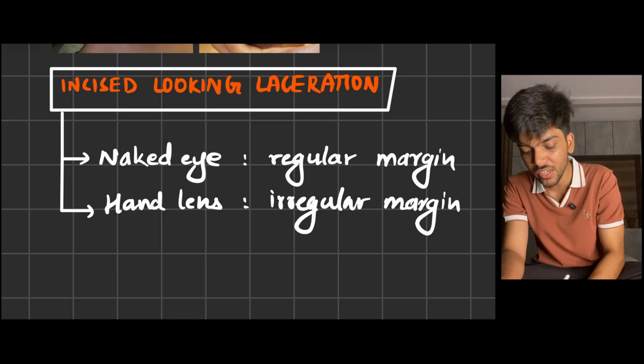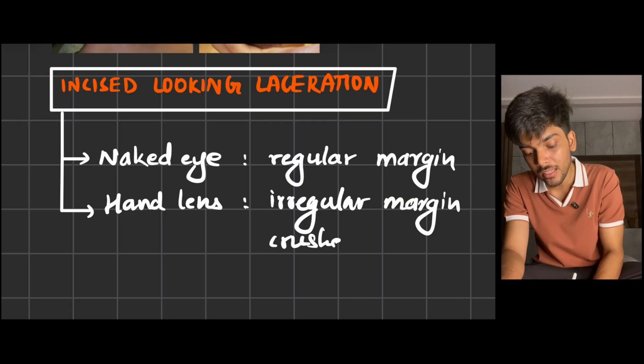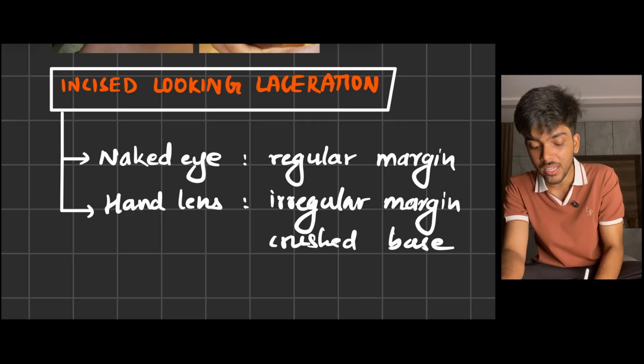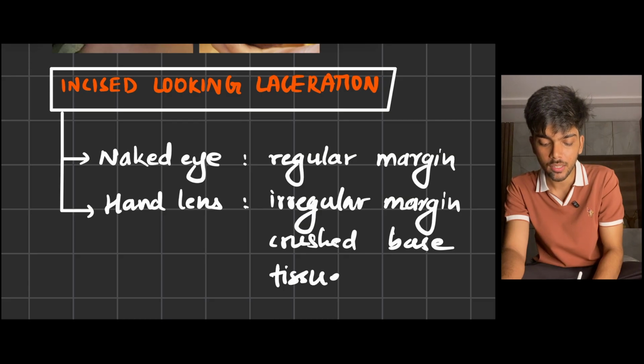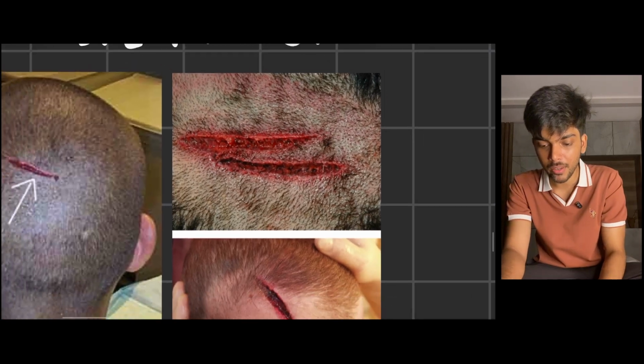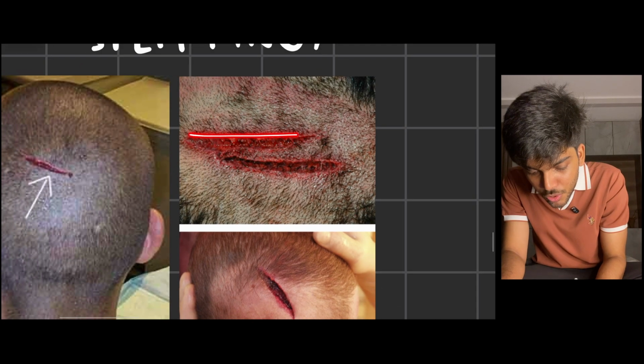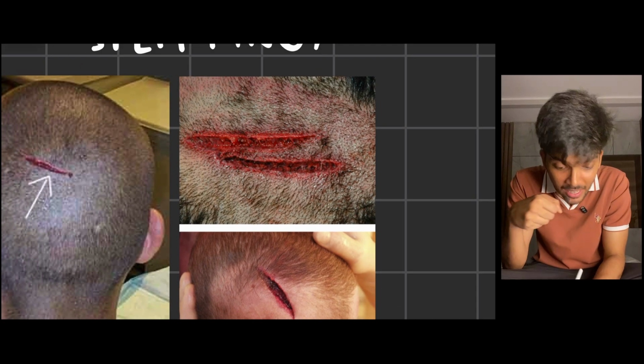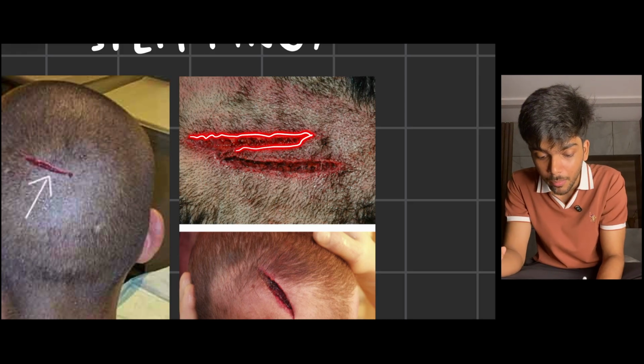Not only that, you can also appreciate the crushed base. Not only that, you can also appreciate the tissue breaches. So let me show you here in the diagram. I mean the real picture. So the margin seems to be regular, but if I use a hand lens, I can appreciate the irregularity in the margin.